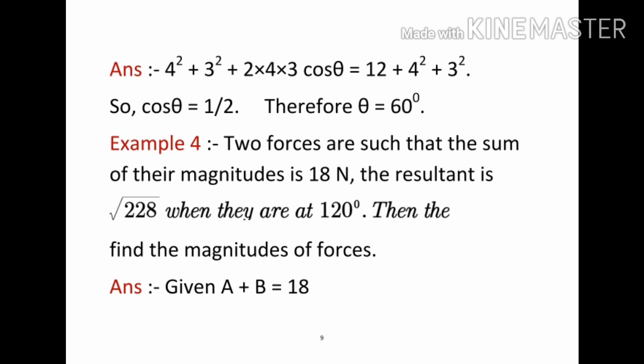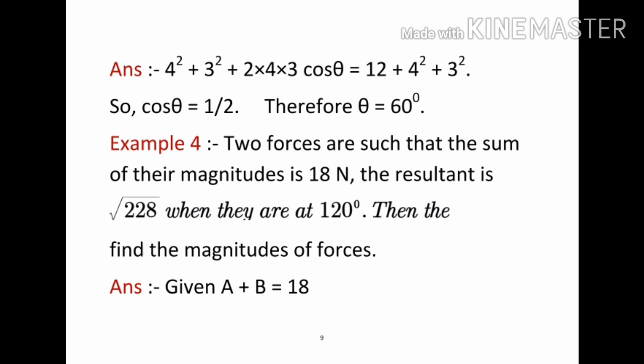From the given data, we can write 4 square plus 3 square plus 2 into 4 into 3 cos theta is equal to 12 plus 4 square plus 3 square. Here, 4 square plus 3 square on both sides cancel. So you can get cos theta is equal to 1 by 2, and from that, the angle between the two vectors is 60 degrees.